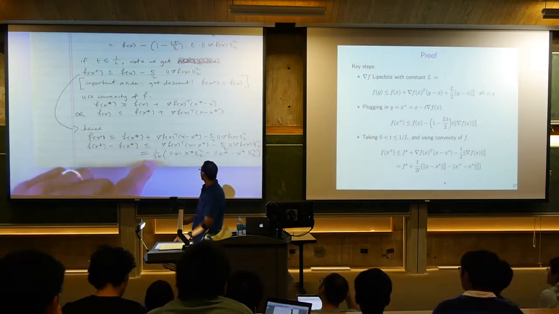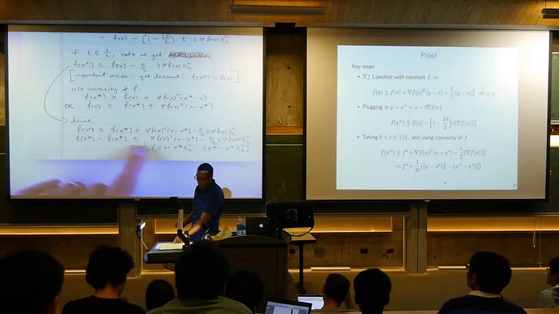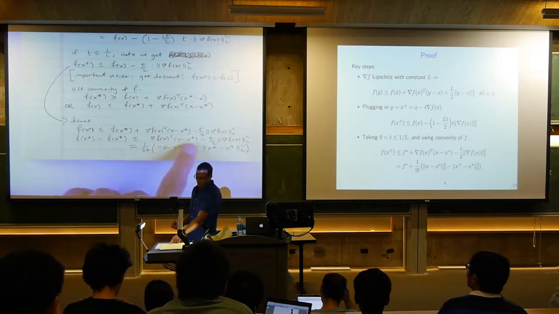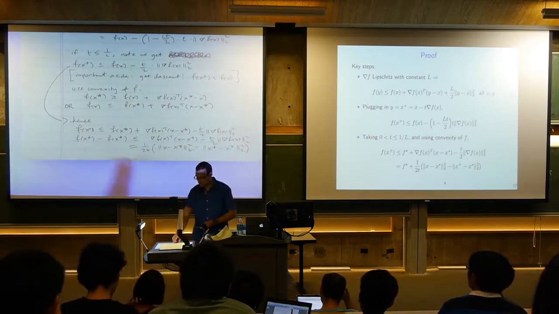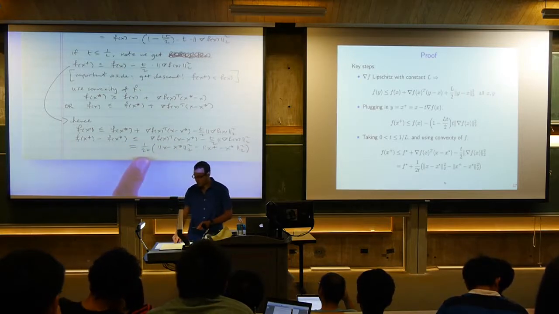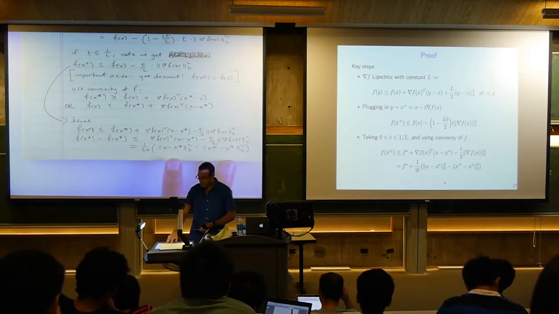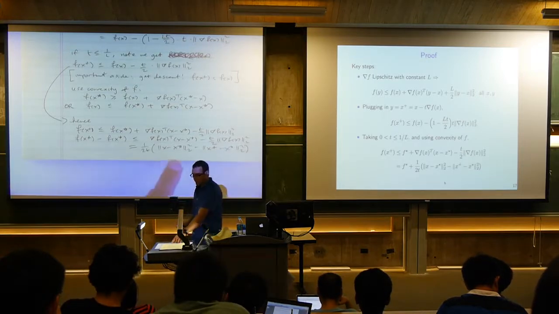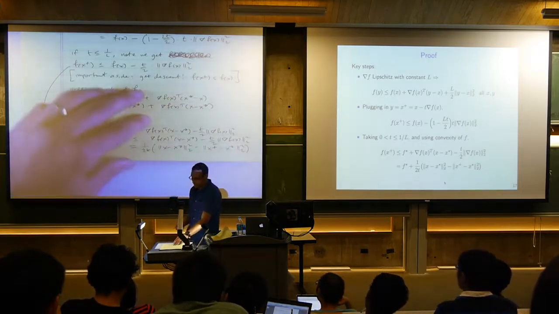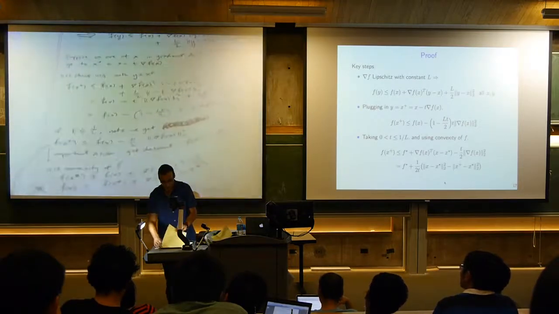It just so happens that this quantity right here, the gradient of f of x transpose x minus x star minus t over 2 times the squared norm of the gradient of f of x, is actually equal to some constant, 1 over 2t, times the difference in squared distances between where we were to the optimum and where we are now to the optimum. And to check that, you can just expand.